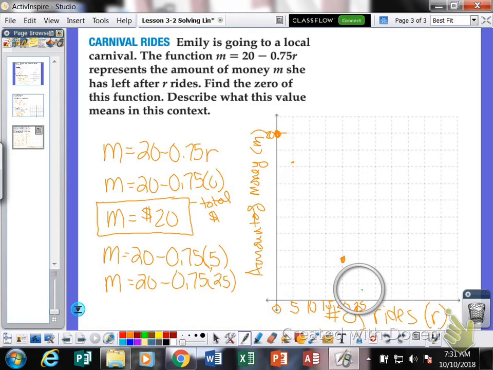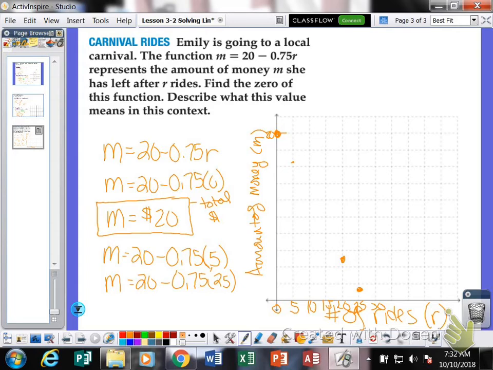So somewhere in there. So then we can keep going. I don't want to jump up to 30 because I only have $1.25 left, so I could go by ones now at this point.